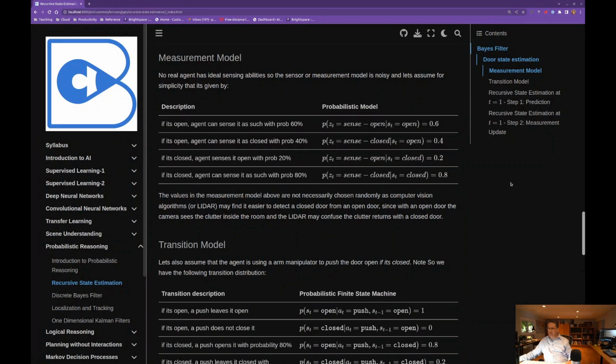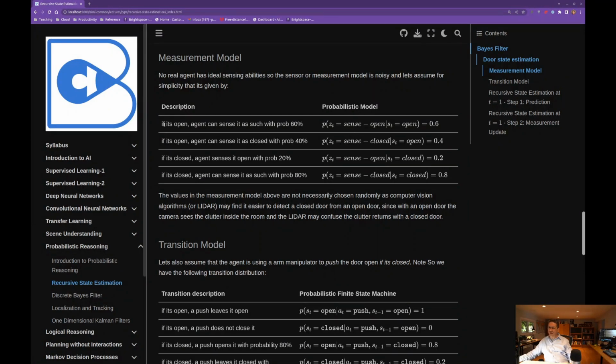Now, before we apply these equations in the Bayes filter, we have to assume and specify the two probabilistic models that we had, the generative models we have mentioned that we need. The first is the measurement model, and the second is the transition model. In the measurement model, we have translated the English sentences in this table to the probability distribution that you see here.